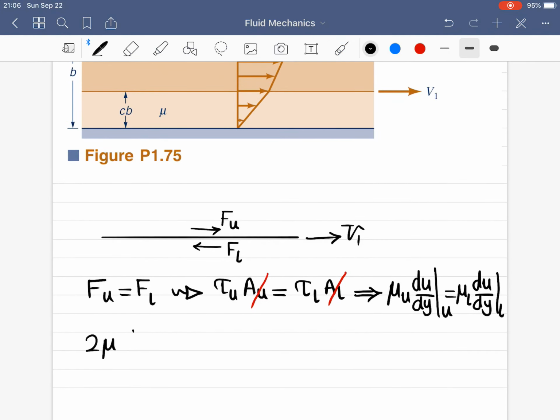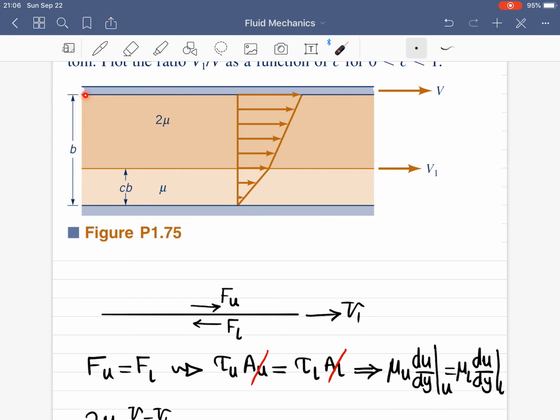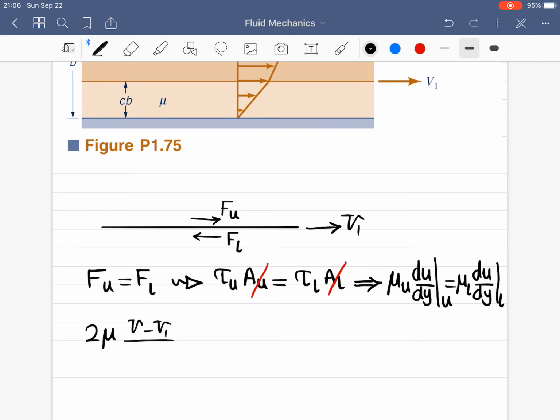So (v minus v1) divided by the y location, here is b and here is cb, so it will be b minus cb, is equal to the viscosity of the lower part, which is mu, times the velocity gradient, which here the velocity is v1 at cb and here is 0 at 0. So it would be (v1 minus 0) divided by (cb minus 0).